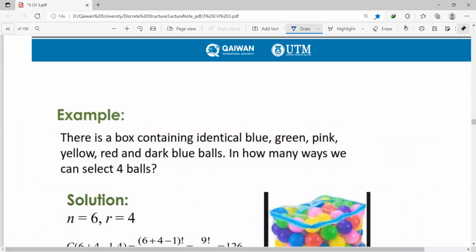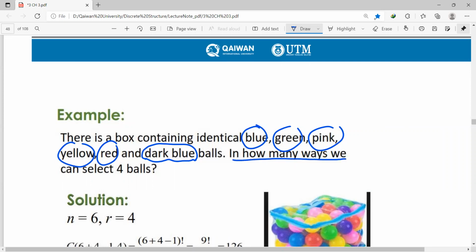We have another example. It says there's a box containing identical blue, green, pink, yellow, red, and dark blue balls. So how many colors do we have? Look, it's 1, 2, 3, 4, 5, and 6. We have 6 types of balls, classified by their colors. In how many ways can we select 4 balls? As you see here, we have repeated colors.